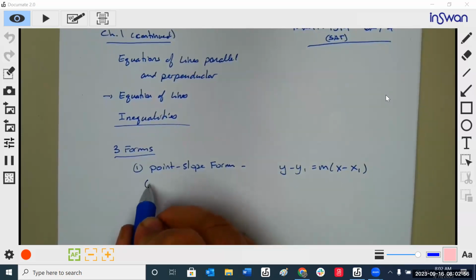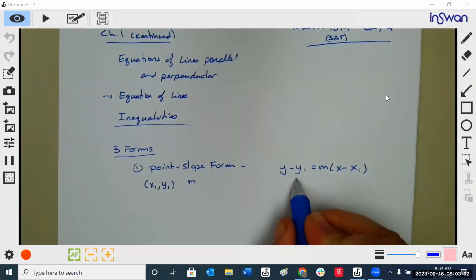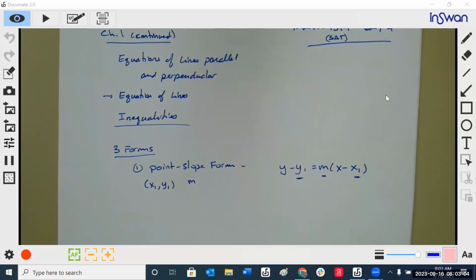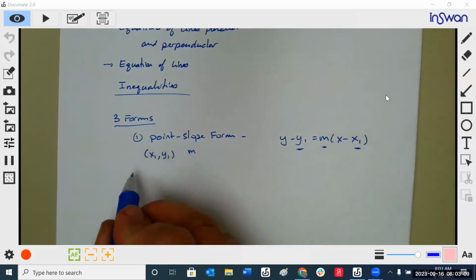Because you had a point, x1, y1, and you had the slope m. You defined these 3 numbers. And then I gave you a point and a slope. We plugged it in there and we solved for y.